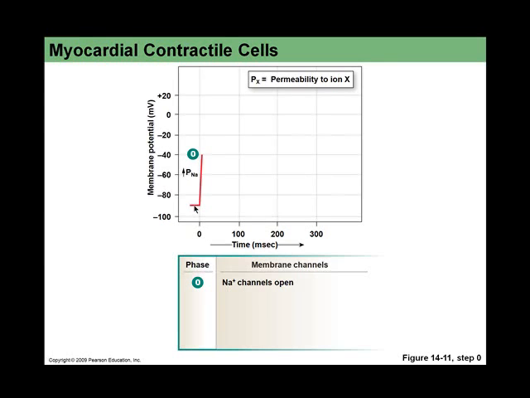So the lowest, the most hyperpolarized point of the transient membrane potential is minus 90. You very likely will read in textbooks that the resting membrane potential of cardiac myocytes is minus 90.